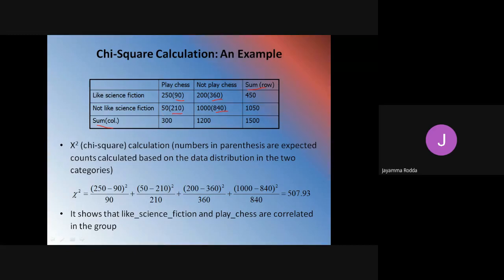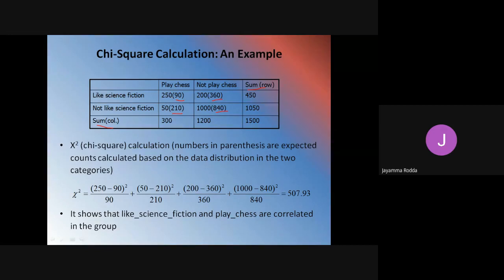This is the observed value, whereas 210 is the expected value for the persons who will not be liking science fiction but play chess. Likewise here the total is for the columns.